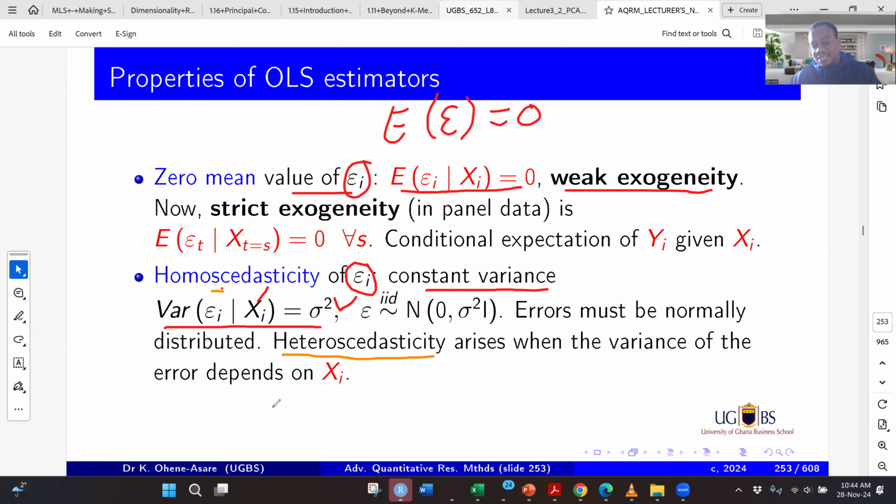Constant variance. So when you combine the first assumption and the second assumption together, what it's saying is that the errors are independently and identically distributed. That's the IID.